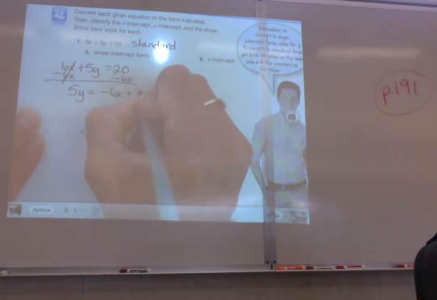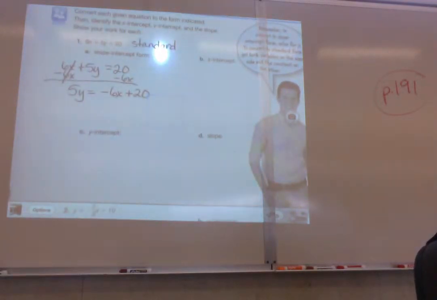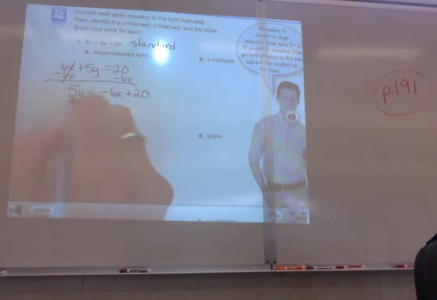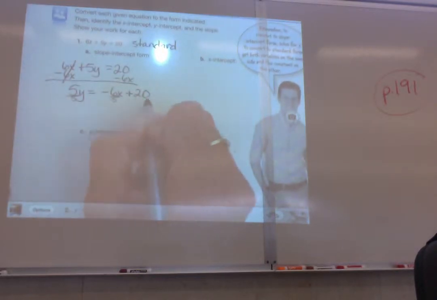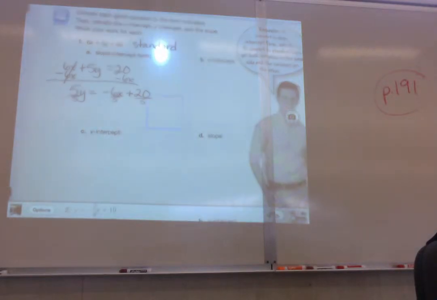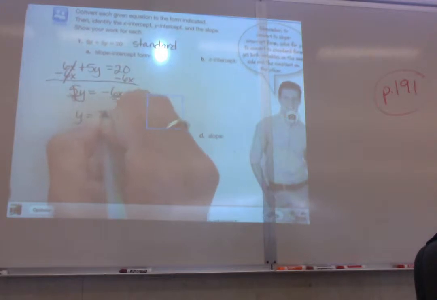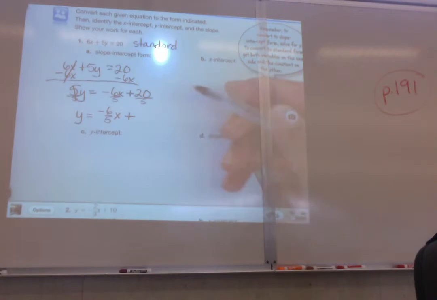I move over the 20 and put a plus in front, because it was a positive 20. Then I'm going to divide all the way through by 5 to get the y totally by itself. Divide by 5, 5, 5. They don't give us very much room. Goodbye to the 5's here. Y equals negative 6 over 5x plus, what's 20 divided by 5? 4.